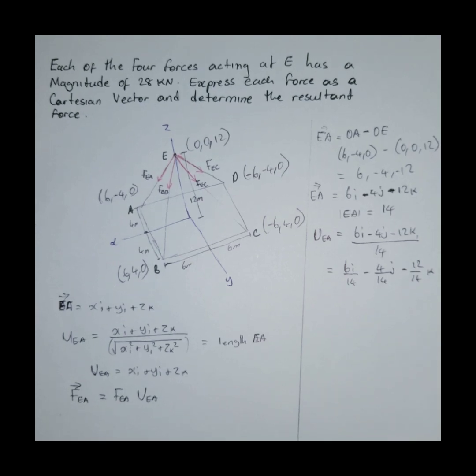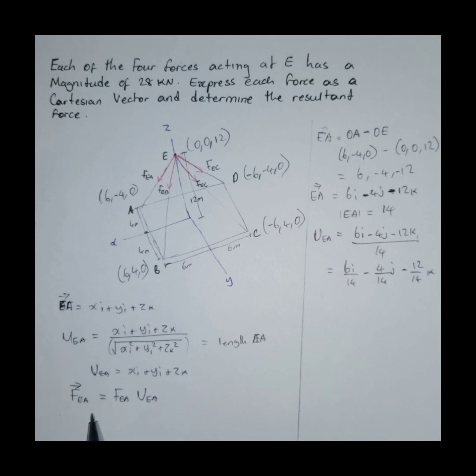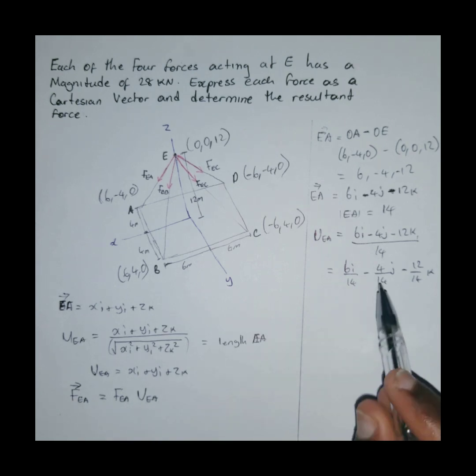So that's our unit vector. By this equation we can now express FEA in Cartesian vector form by multiplying its magnitude by the unit vector.